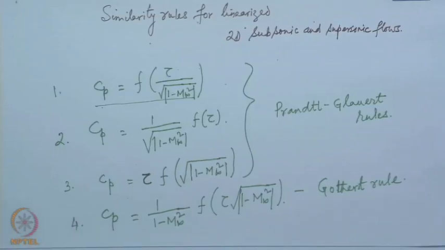Finally, the Gothert rule says that C p increases with Mach number as 1 minus M infinity square to the power minus 1, if the thickness also increases as 1 minus M infinity square to the power minus half.